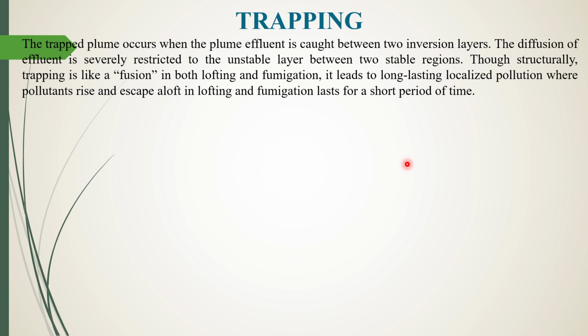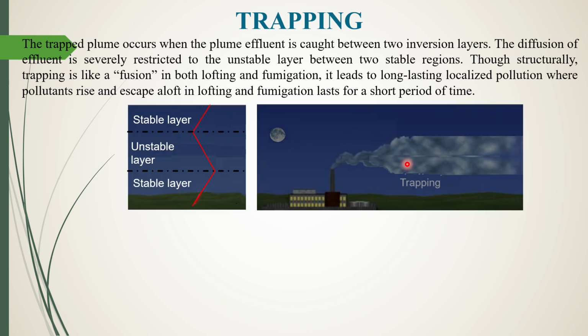So the diffusion of effluent is severely restricted to the unstable layer between two stable regions. So the pollutants are sandwiched between these two stable layers.